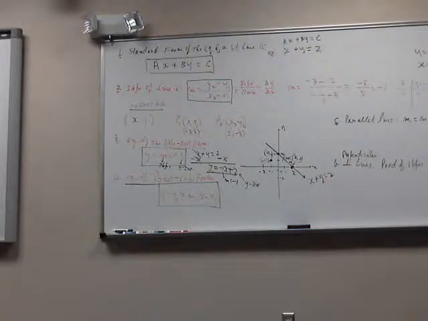This is where our x sub 1 and y sub 1 come from. So this is going to be y minus 1 equal to minus 1, which is our slope, times x minus a minus 1. Sorry, this is plus 1. Alright, so this is what we'll be doing here.